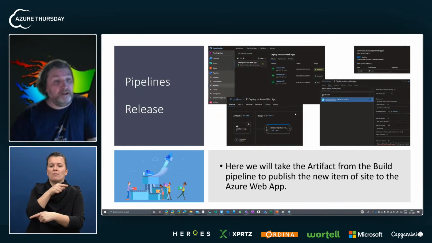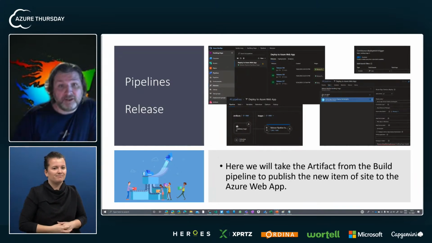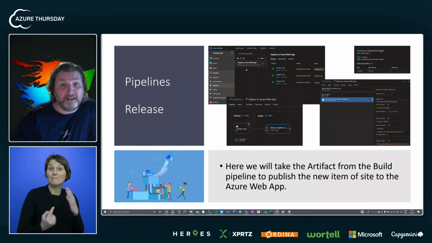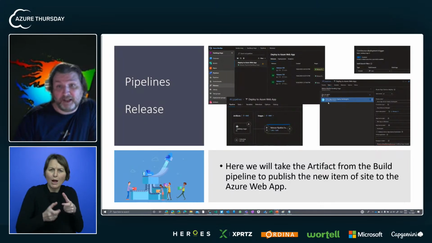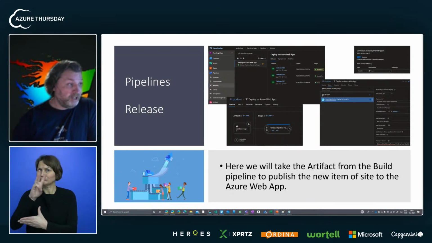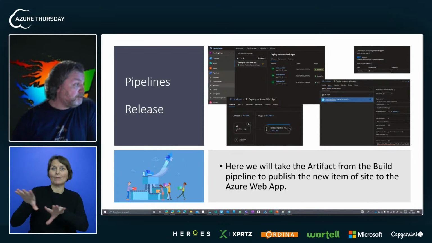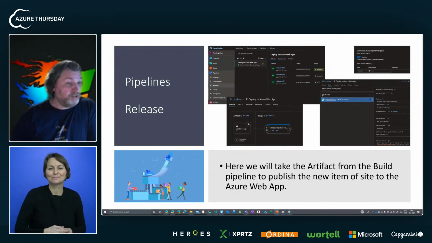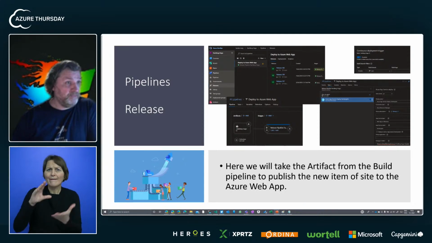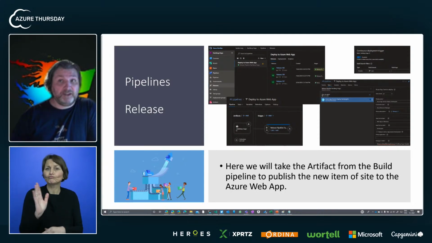Then you get a release pipeline, so it will pick up the artifact, and there I configured my Azure App Service because I publish my site on an Azure App Service. Sometimes now you can do it in a storage account, and you don't need App Service. But in the past, things were not possible.